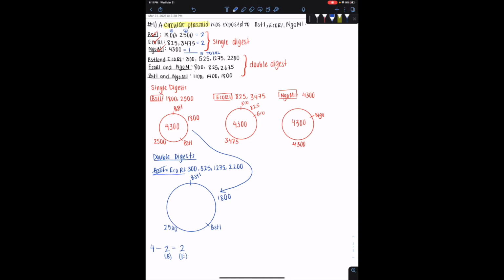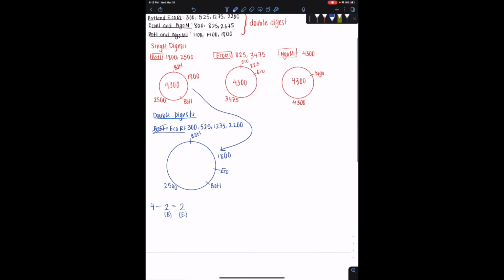So we can cut that piece. When we cut this piece, you want to label it instantly so you don't lose track of what enzyme you're working with. So this is going to be ECO, and we're going to be using 525, and I'm going to change that into 1275.